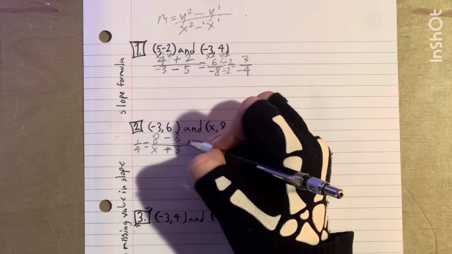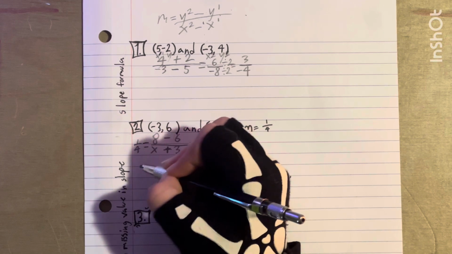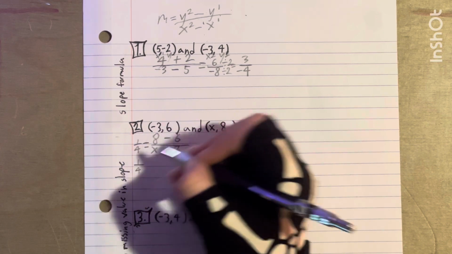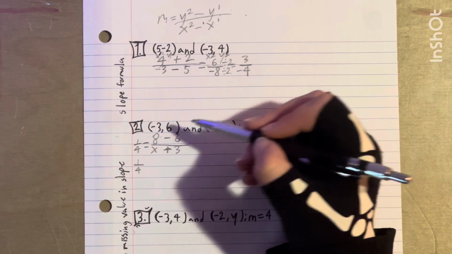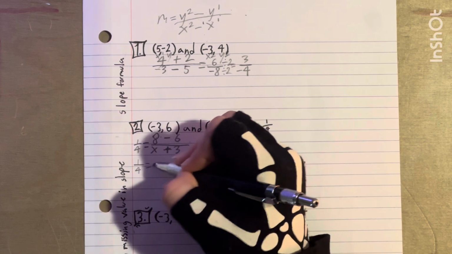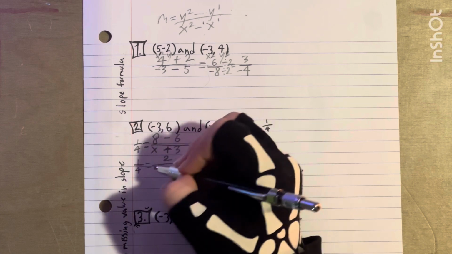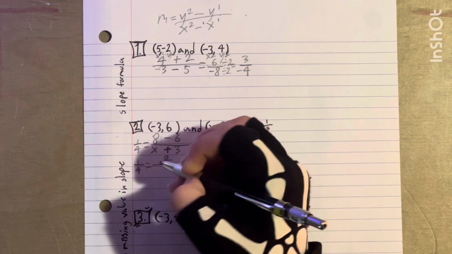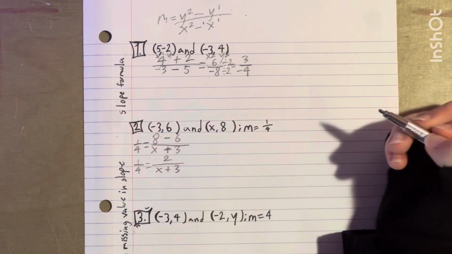You don't write what it equals, you go under, because you need to subtract 8 minus 6, which is 2, and since you don't know x, you write x plus 3.